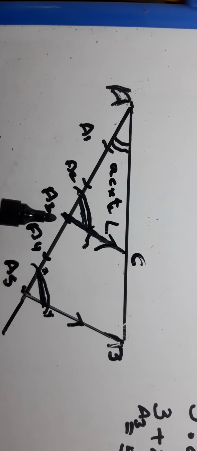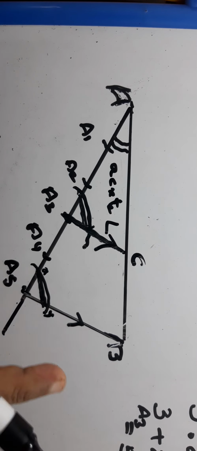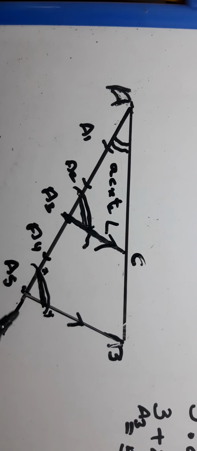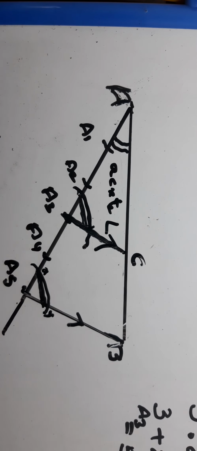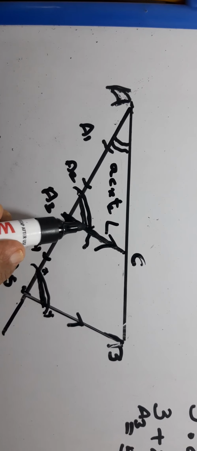Now this is the way how we draw a parallel line. At A5, you join A5 to B, the end point of the given line, and then taking center A5, draw an arc there. Then with center A3, draw the same arc here with the same radius. Now take the radius XY, keep it here and cut this arc.